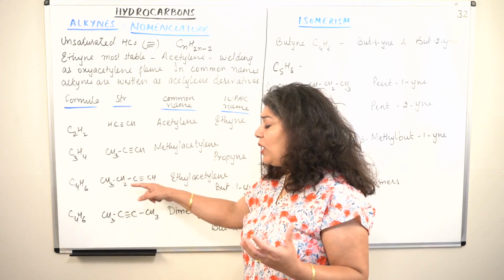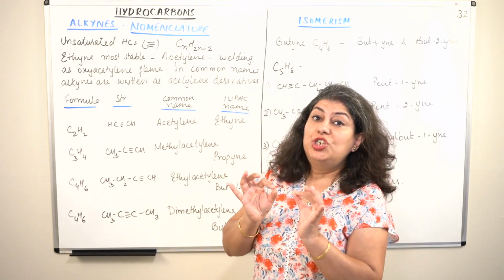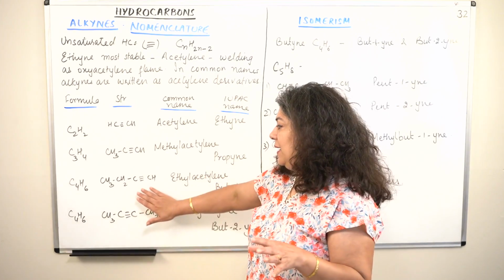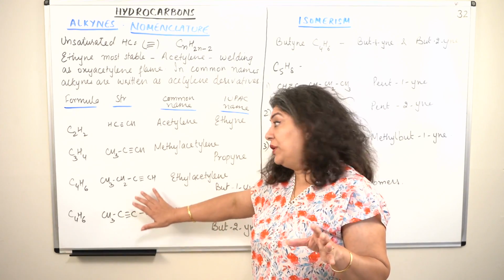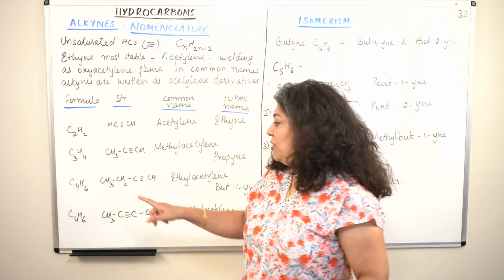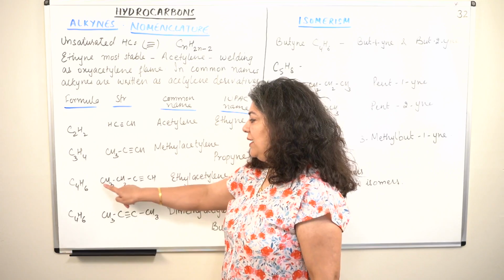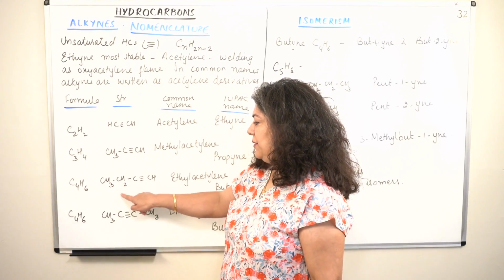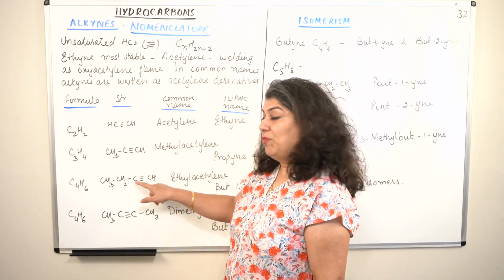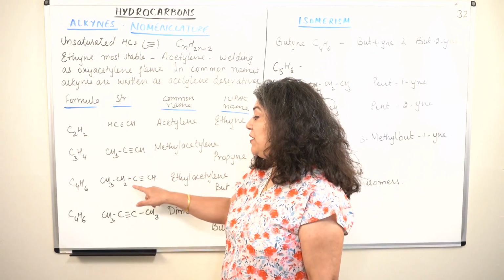You need at least 4 carbon atoms to show a shift in the triple bond or a shift in the position. In the case of butyne also, you can only show a shift in the position of the triple bond, not in the chain. Because even if I tried to make a branch, let us say I put this methyl group here. I cannot put the methyl group here because there is a triple bond and this carbon is already forming 4 bonds.